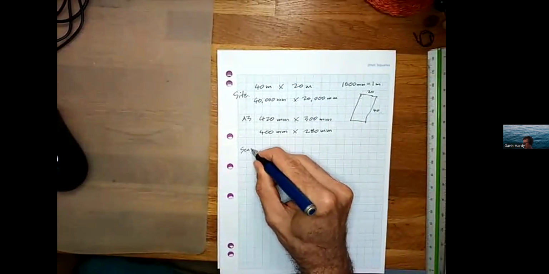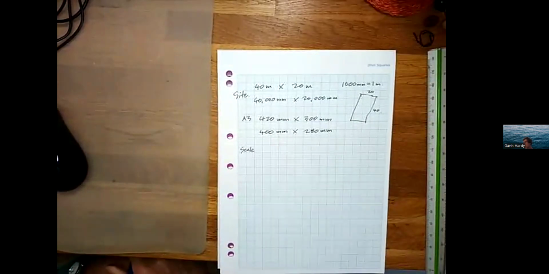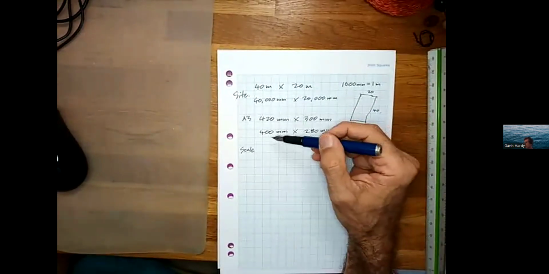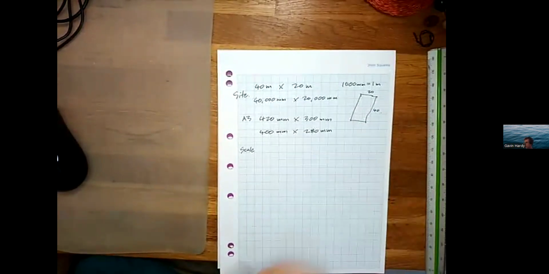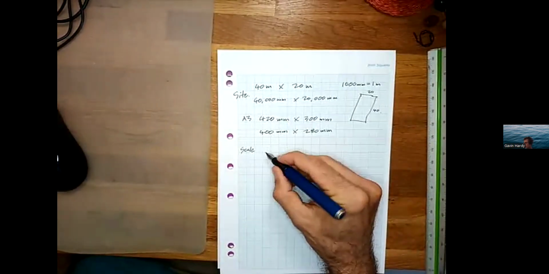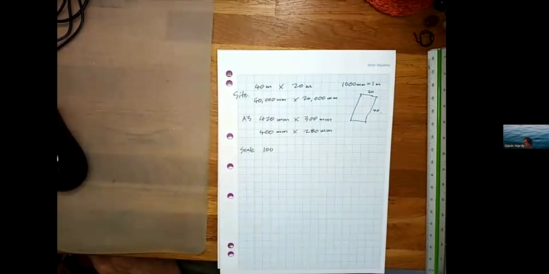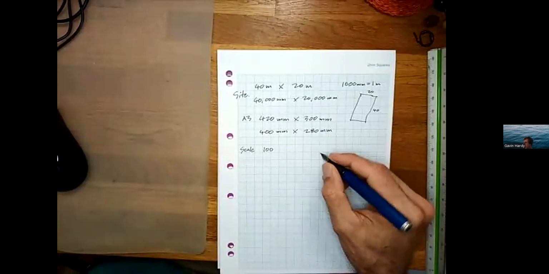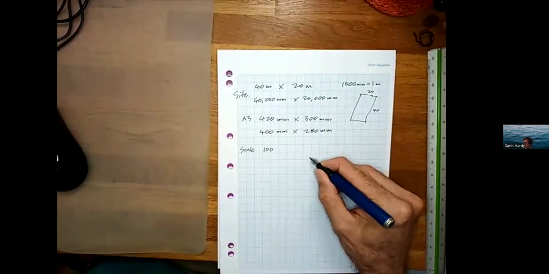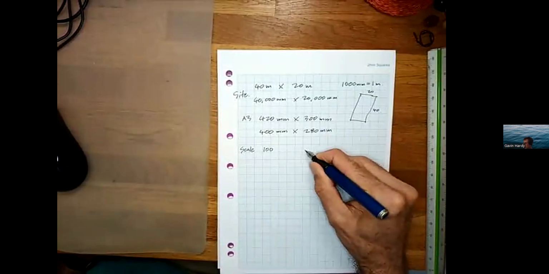Okay. How do I work out the scale? So we work out the scale for each side of the sheet. And all I'm simply doing is dividing the 400 into the 40,000. So 400 into 40,000 equals 100. And you can do this with a calculator if you need to, guys. And 280 into 20,000, a little bit more tricky, is about, let's see if I get this right.